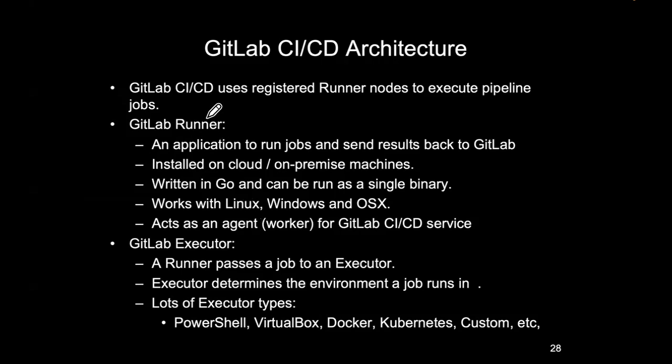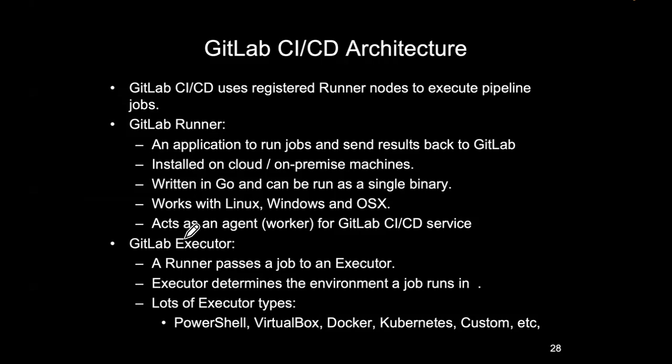The runner will respond and say, "Yes, I can," or "No, I can't because I'm currently busy executing other pipelines." If it accepts the request, the GitLab website communicates with the GitLab runner application running on this remote node. It passes the details down, gives it a reference to the repository, and the runner clones the repository and executes the pipeline within that repository.